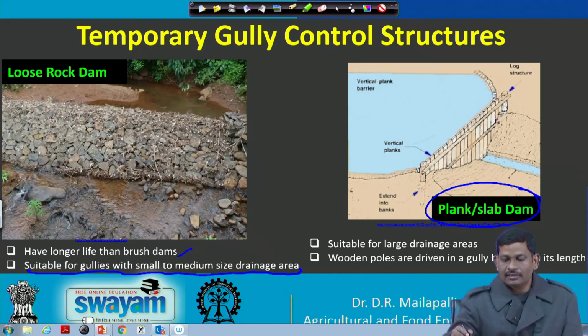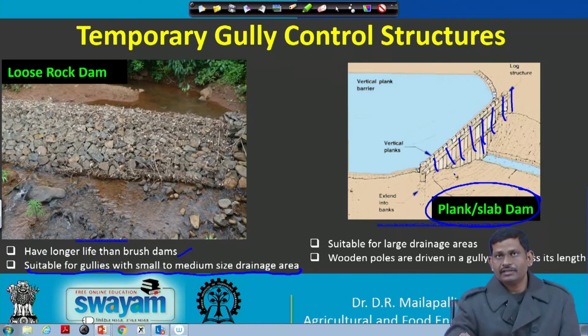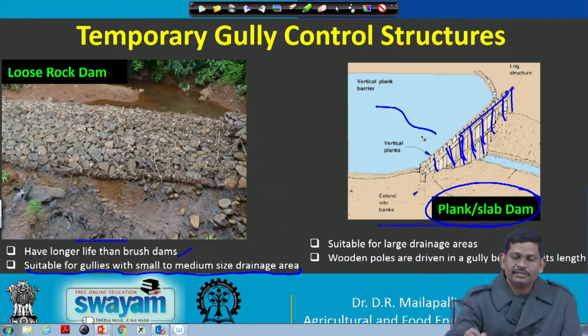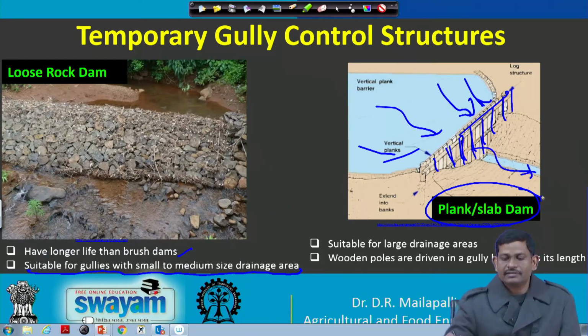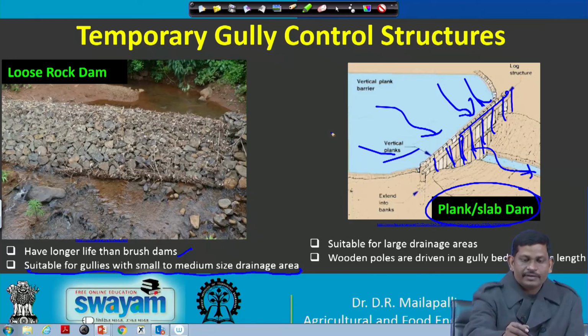If you see here, a series of vertical planks will be planted or posted along the section, and make a partial dam here, a barrier kind of thing. This is going to arrest the velocity of flow, and make it a little bit smaller. So, that way you can control the sediments here. Okay.